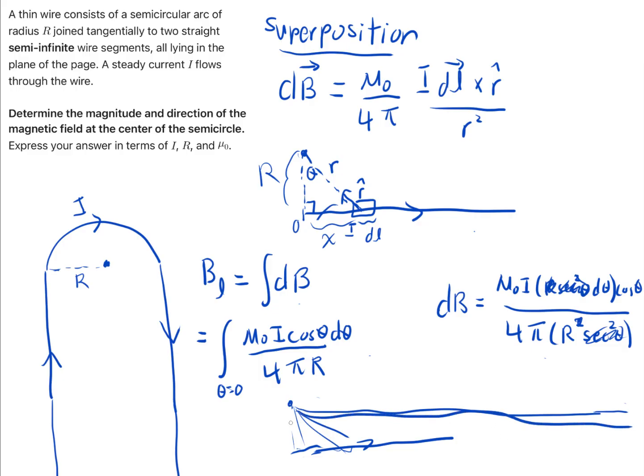At that point, your angle theta is going to be very large, approaching 90 degrees as you try to add up the magnetic field from the piece infinitely far away. So at the end, our final theta approaches 90 degrees, which is pi over 2 radians. So that will be the upper bound of our integral.